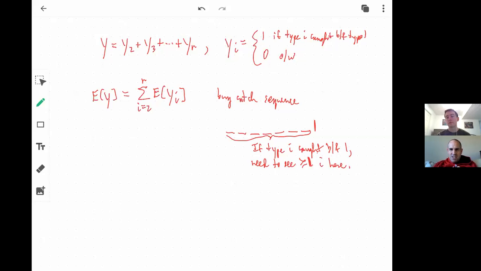Does that make sense? So if I was going to catch type 2 before type 1, and incidentally, in these first however many slots, there's no 1. So this 1 is the first one to appear.